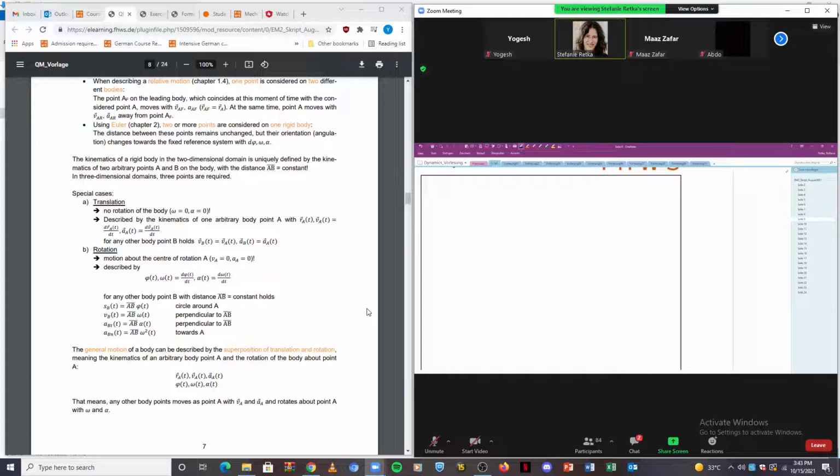Okay, our example. We use this block, and now let's assume it looks like this. And again, I will pick points A and B, and we want to describe the motion of point B. Okay, perfect. So now, first of all, we need to know the position of our block, referring to a fixed frame of reference.